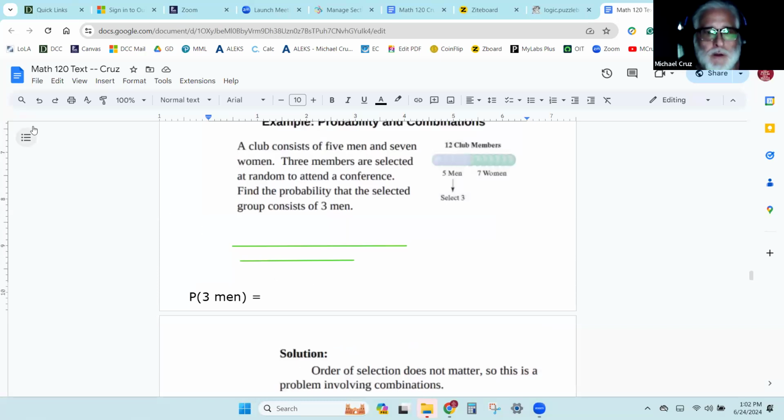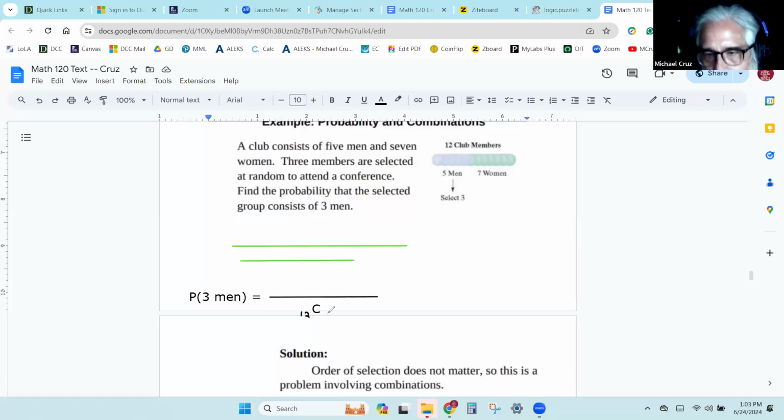So what I'm going to do here, I'm going to make a fraction. All right. So what we're going to have down here, we've got 12 members that we're going to be picking from.